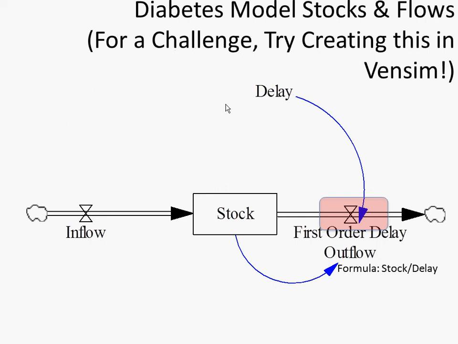Okay, so suppose I'll give some hints here. Suppose the delay were infinite. So it approaches infinity. Effectively, what does that mean? There's no outflow. What's the equilibrium value of the stock?